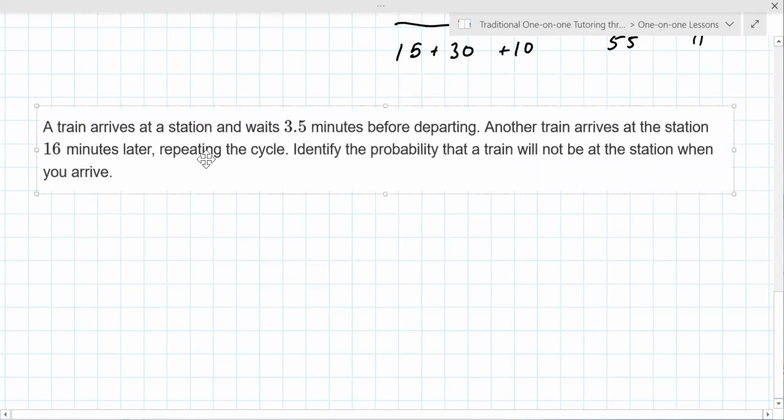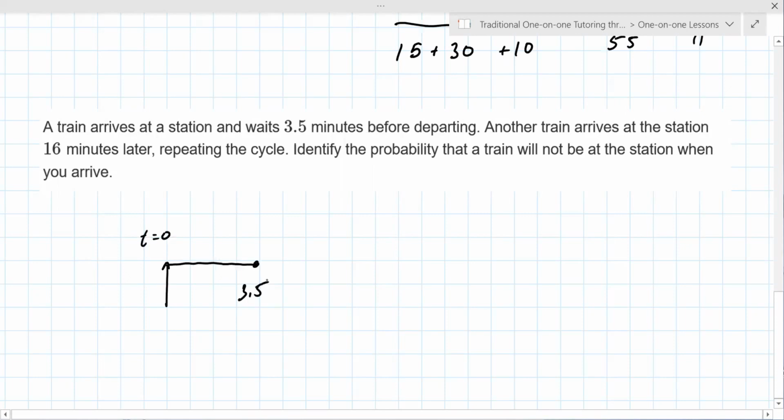A train arrives at a station, waits 3.5 minutes before starting. So here's time 0, and it waits 3.5 minutes. Okay. Another train arrives at the station 16 minutes later. So this is 16 here. But that's then 12.5. What is 12.5?